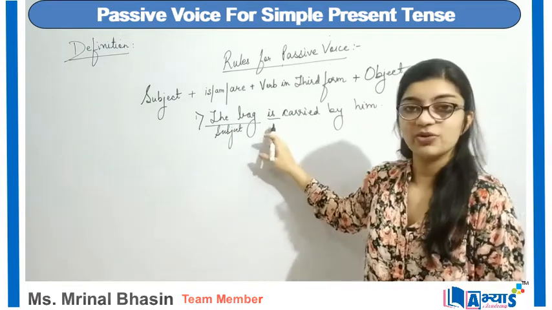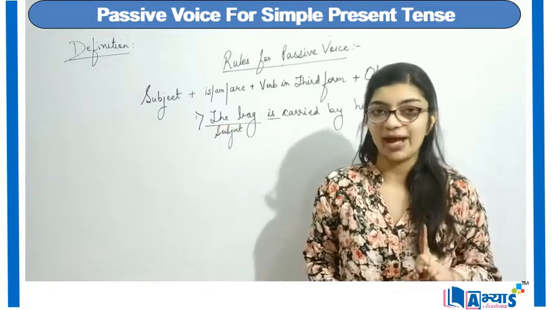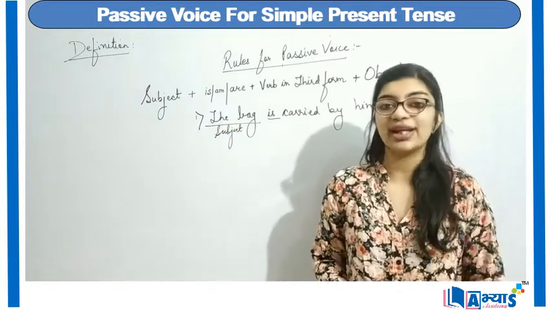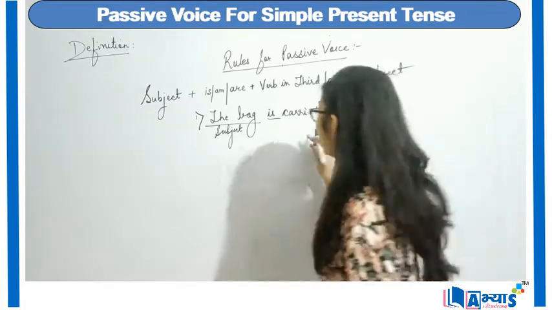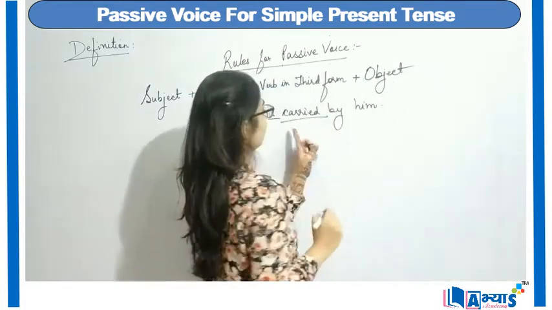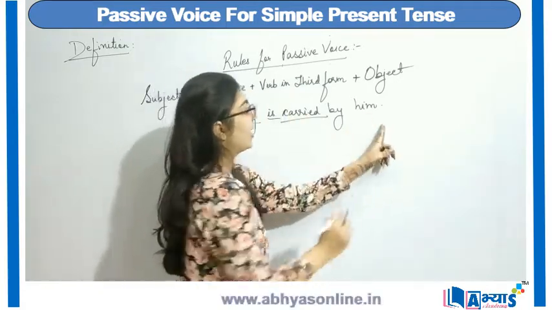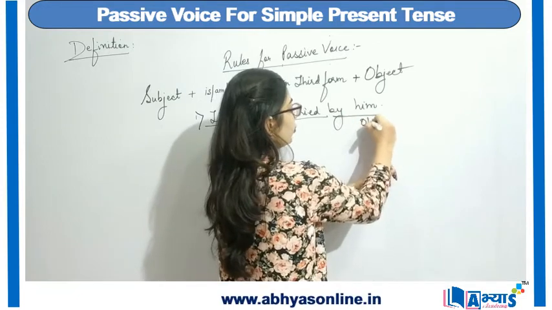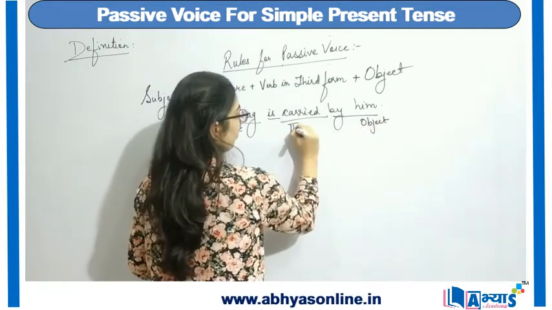Is, I am using is, why? Because it is only a single bag, right? And for a single noun, singular noun, we make use of is. Carried is again the third form, right? By him is the object. This is the third form of verb.